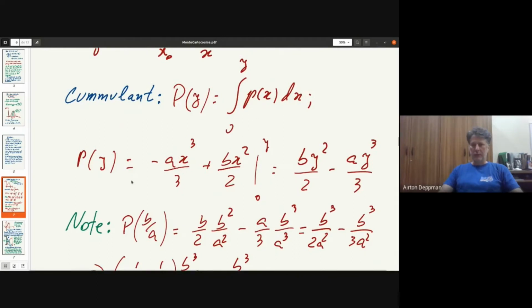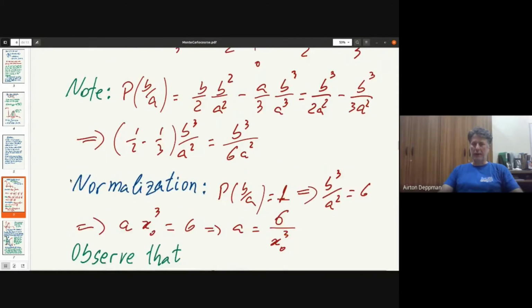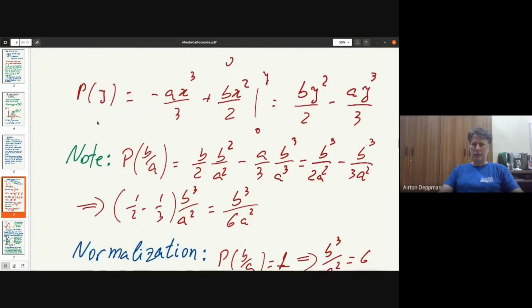We integrate from 0 to y, or from minus infinity to y, and we get this result. Of course, we can substitute the value y equal to x0, or equal to b divided by a, and we get this value.